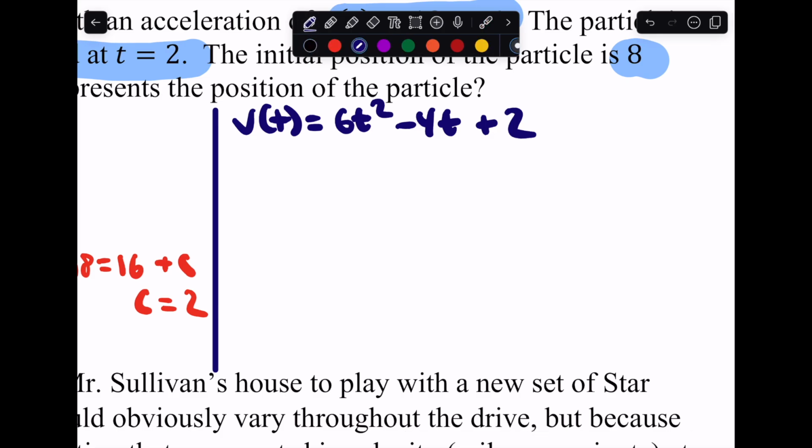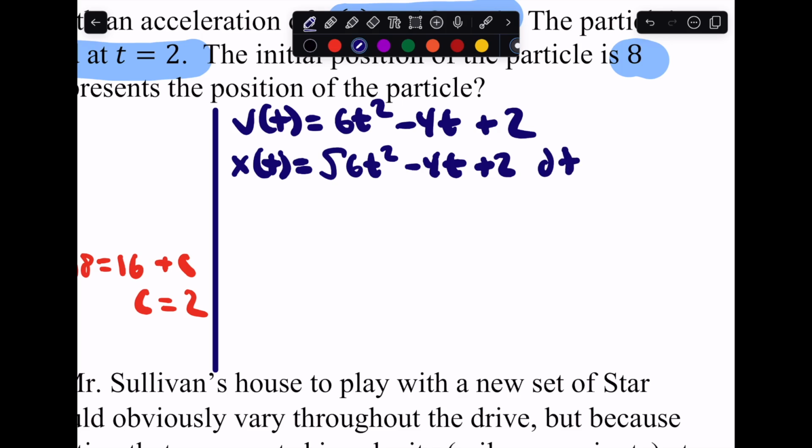And if we do that, we are going to get our x of t. That position function is going to be equal to the integral of our velocity, which is that 6t squared minus 4t plus 2 with respect to time. If we take an antiderivative, doing that reverse power rule, we're going to end up with that 6t, and then adding 1 to that exponent is going to become a 3.